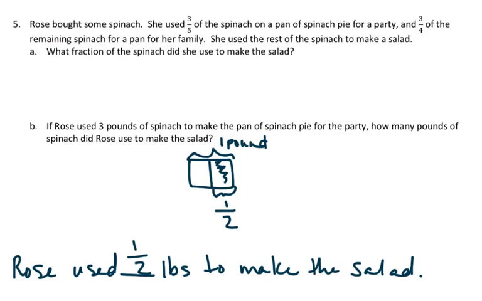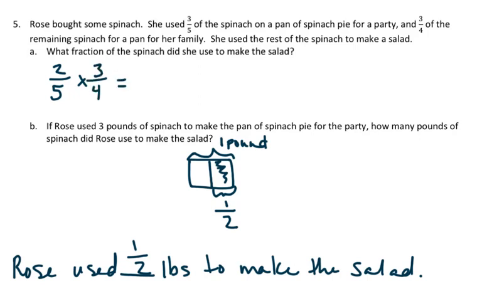So when I first start out, I know that she used 3/5 of the spinach, so that would leave 2/5 left over. She used 3/4 of the remaining spinach, so she used 3/4 of 2/5. So I have 2/5, and I'm going to multiply that by 3/4.